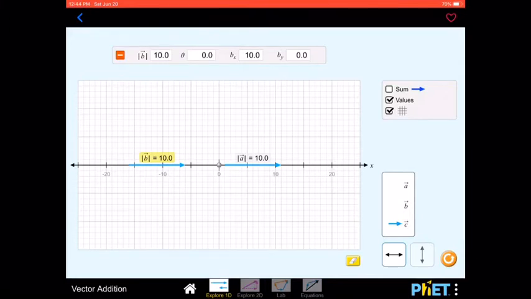So that 10 units could be 10 centimeters, 10 kilometers, right? And there you have two vectors equal in magnitude and both being displaced in the same direction. Okay, that's that coordinate axis.